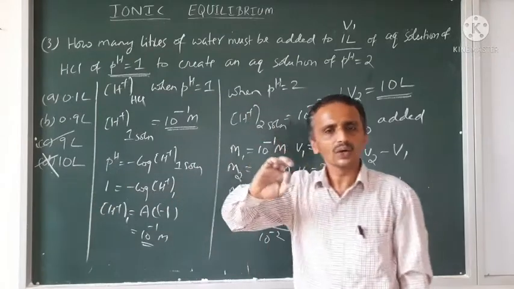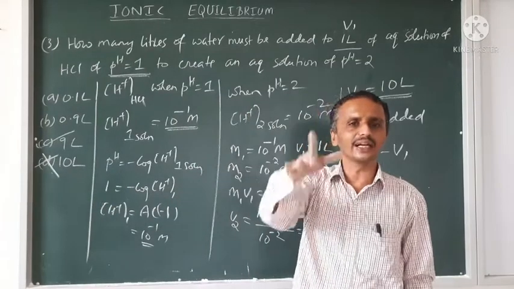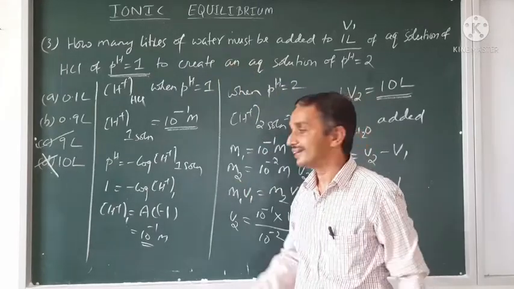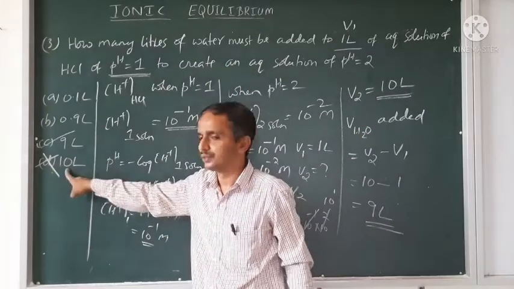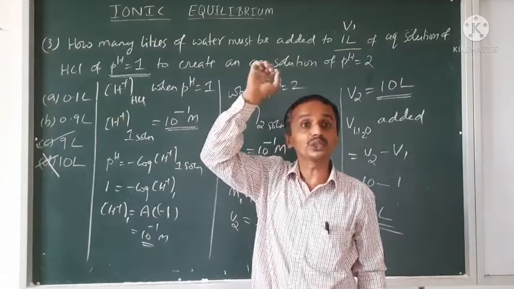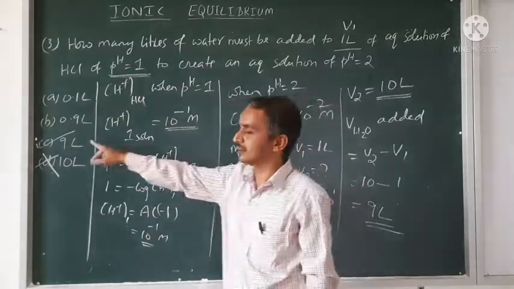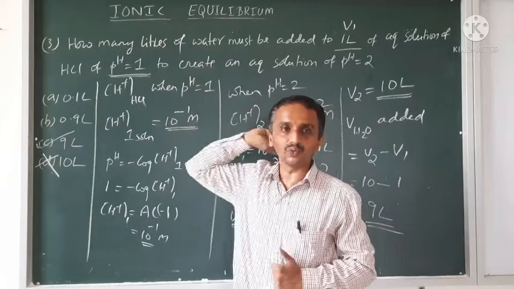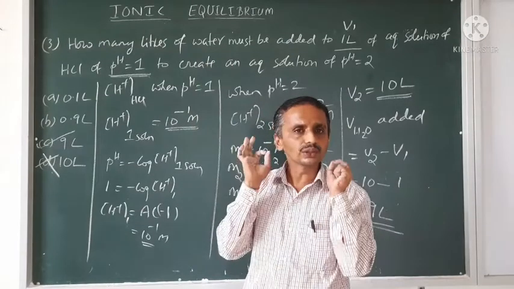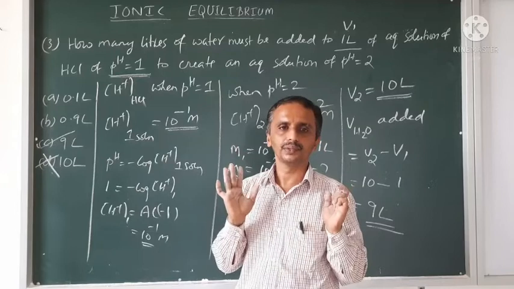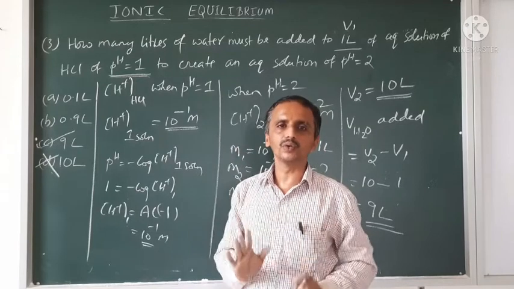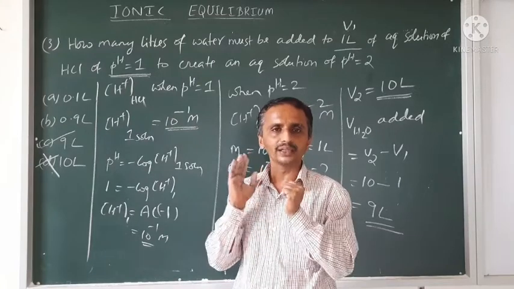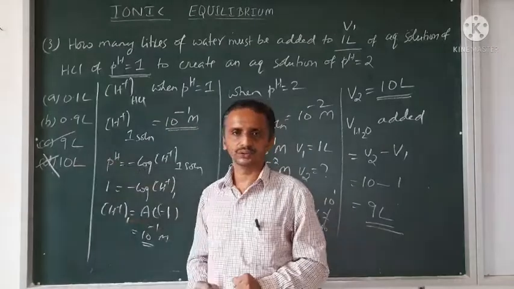He did not ask what is the volume of water added. He said what is the final volume of the solution. Then this is the answer. But he asked how much water should be added. So 9 liters of water should be added because already 1 liter is there in that 10. So see the question properly. Accordingly solve it and get the answers. Simply don't get carried away with the answers.